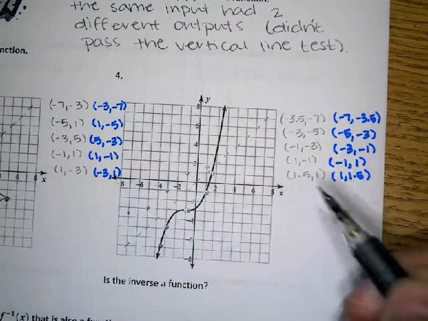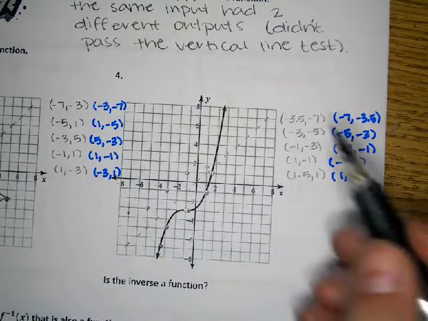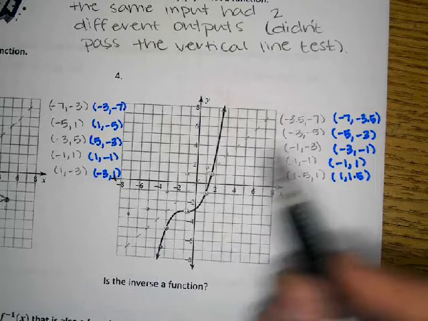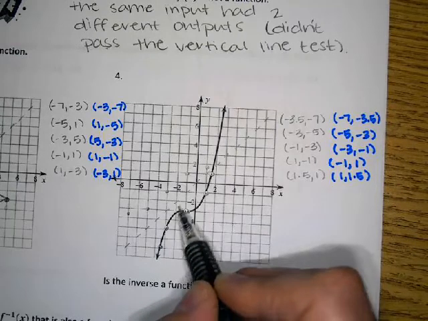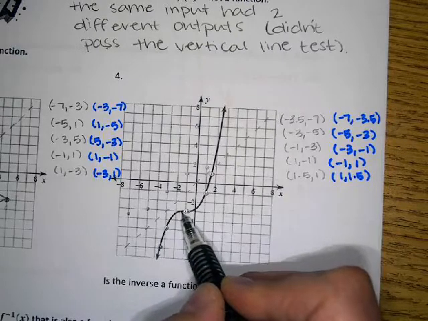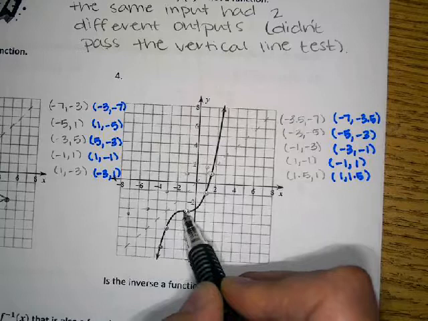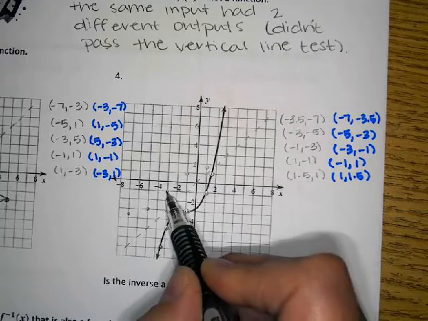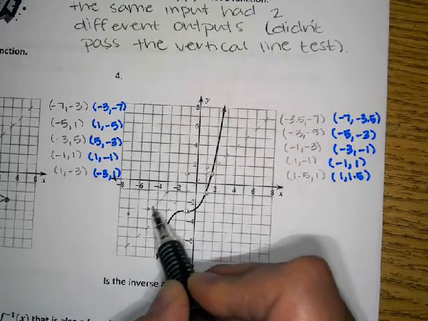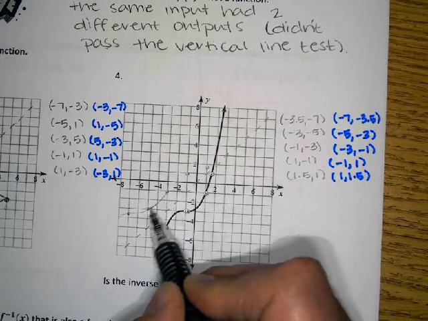If you have the dotted line, you can use it to help you with the symmetry. I can see with this point that it swoops towards the dotted line, so I can make sure that when I connect these, I swoop towards the dotted line right here. And then this part right here swoops away from the dotted line.